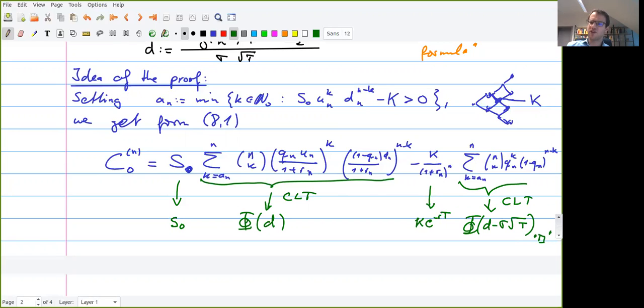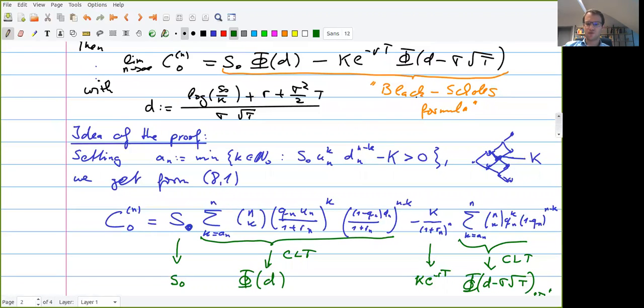That's nice. And now, that's it. Like you see, on the structural level, this is actually not super hard. Now you go upwards to see your Black-Scholes formula again.